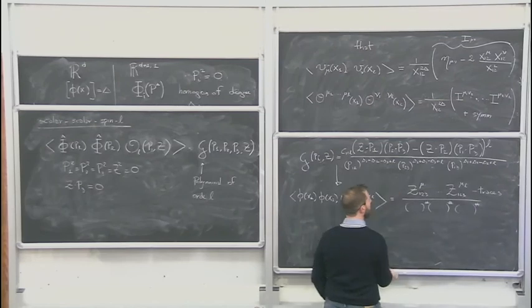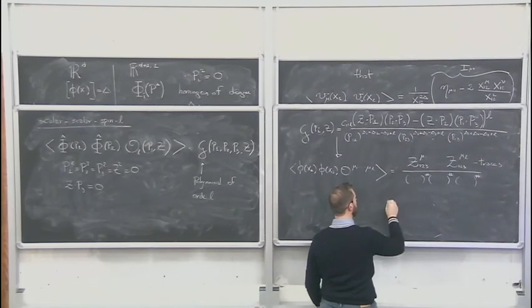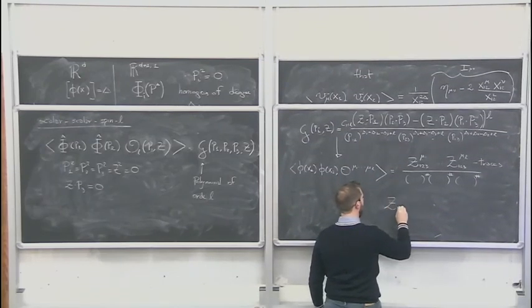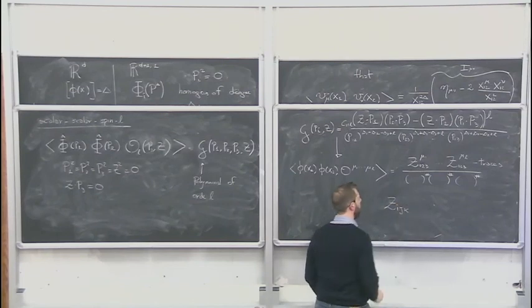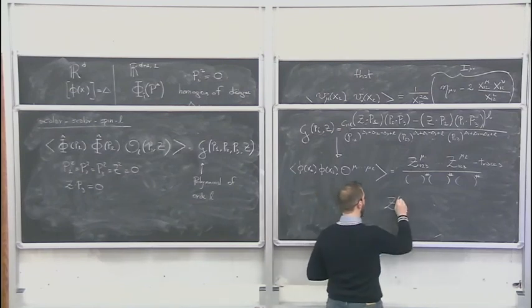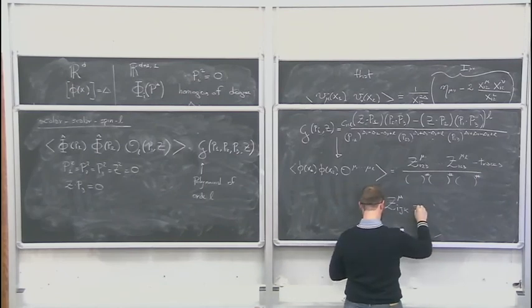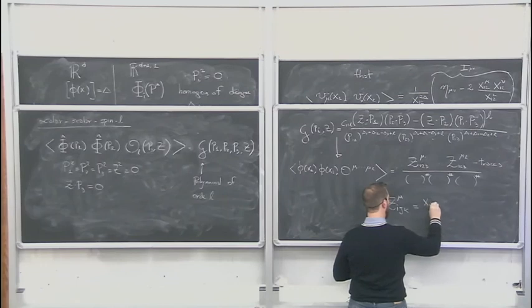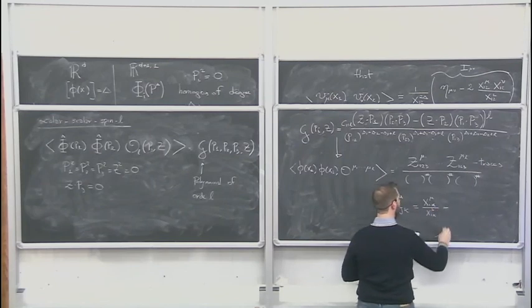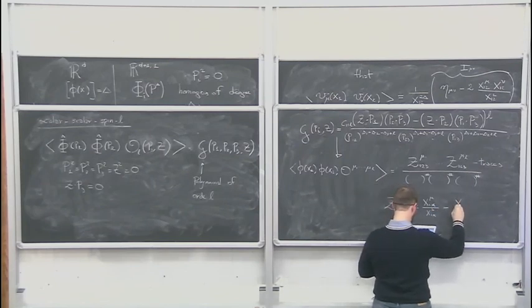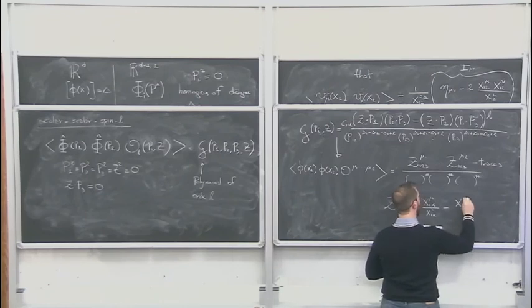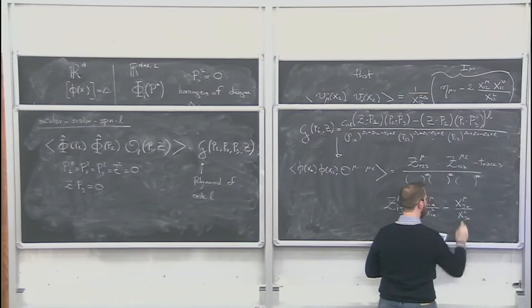And this vector Z123 is a vector constructed with the three points, and it looks like x_ik mu over x_ik square minus x_jk mu divided by x_jk square.